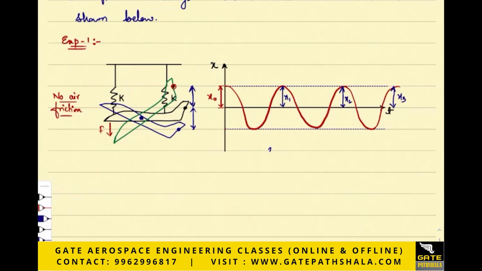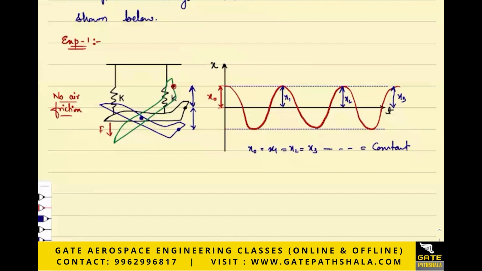So x1 is equal to x2, equal to x3, and so on. They all are constant. If the amplitude of oscillation is the same, we say the system is dynamically neutral.